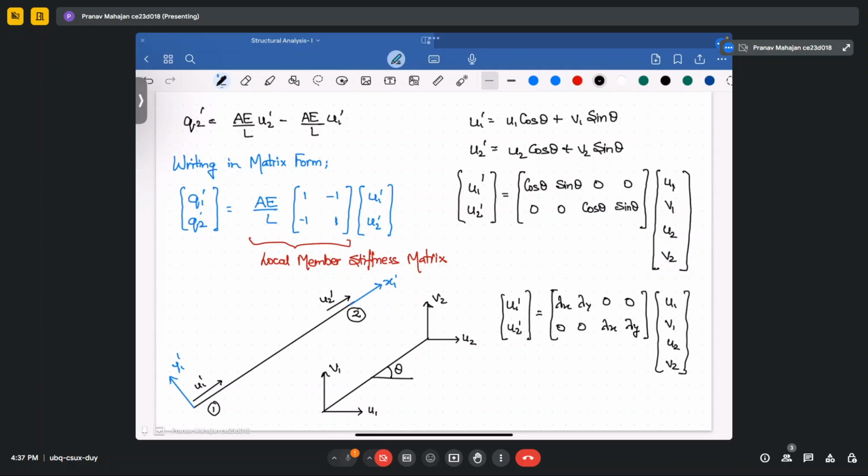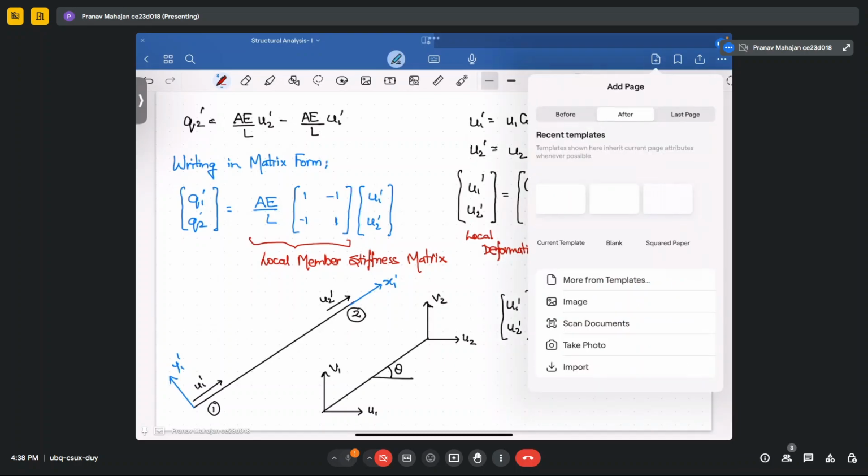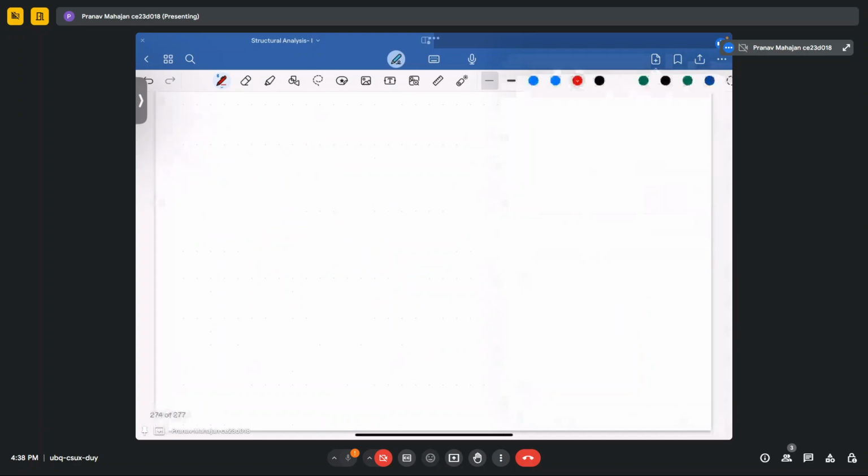So this is for the deformations. Now we'll see how to write this in terms of the global stiffness matrix. This is your local deformation, and this is your global deformation.